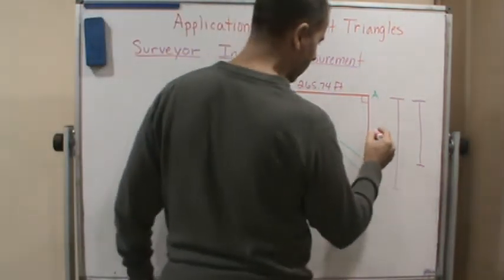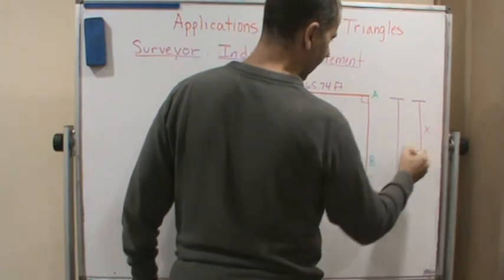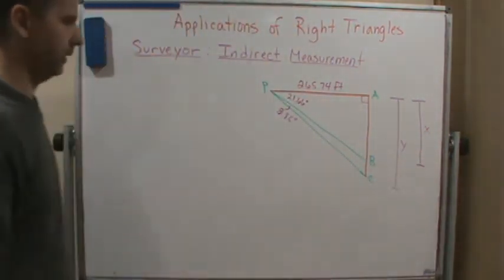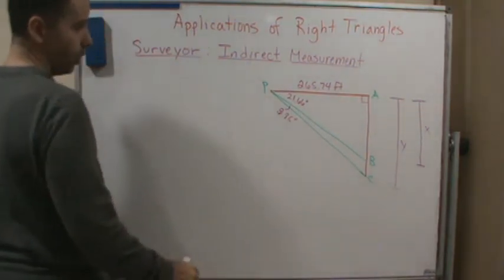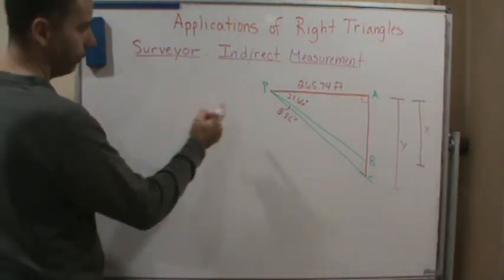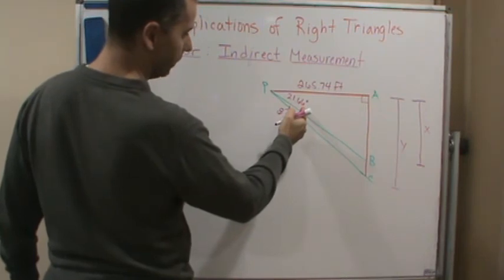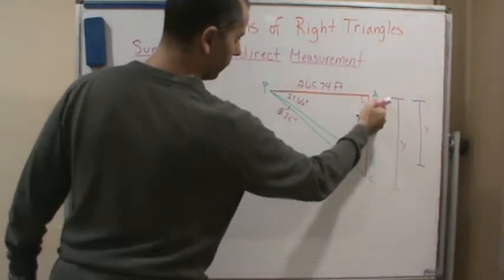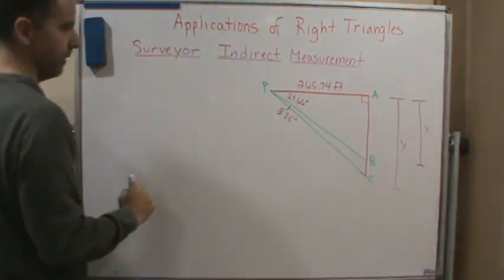Let's make this X, and we'll call this distance Y for the bigger triangle. For X, we've got the angle here and this distance, and we want to find the opposite distance.